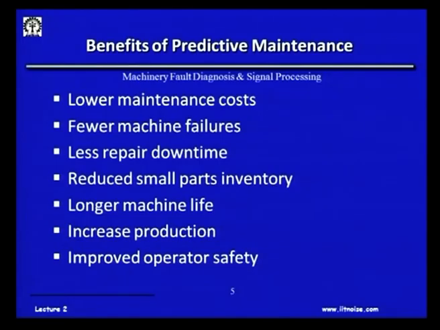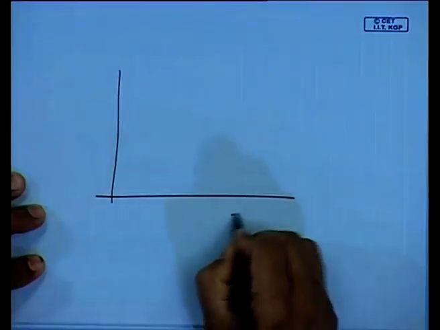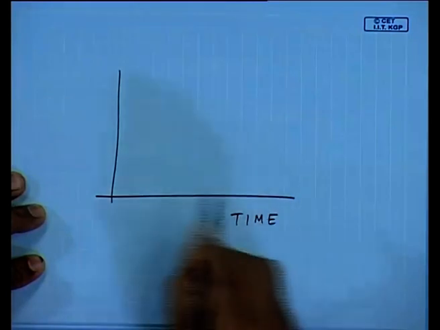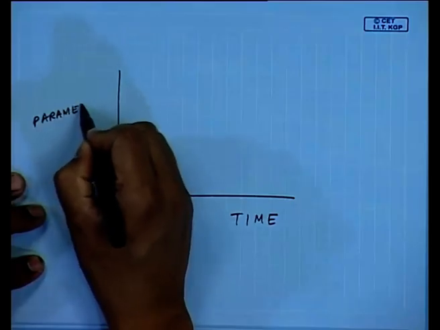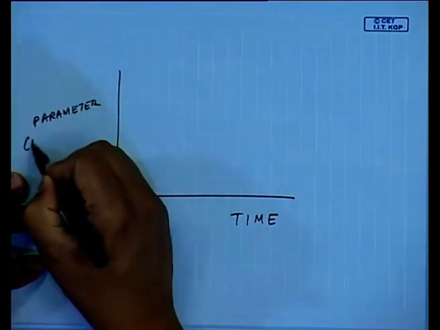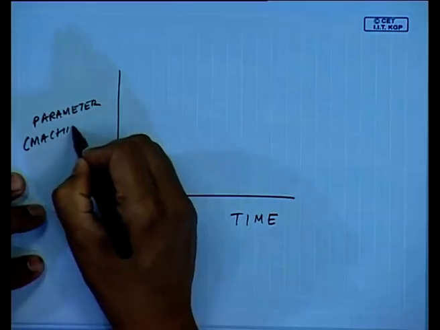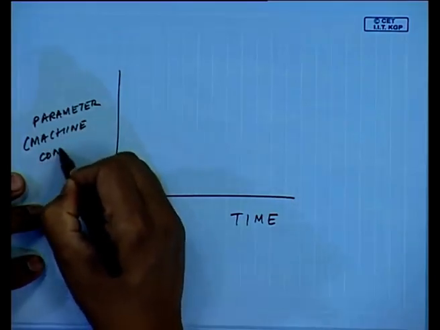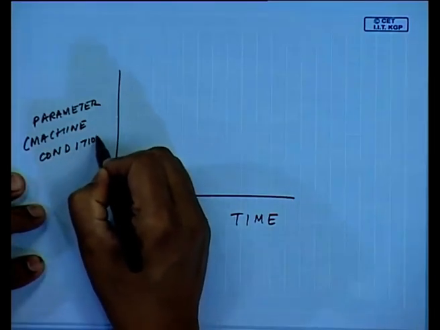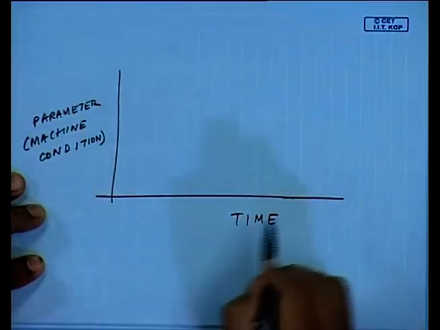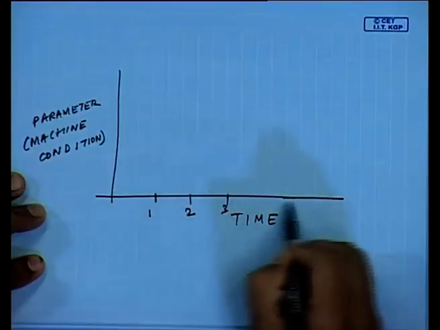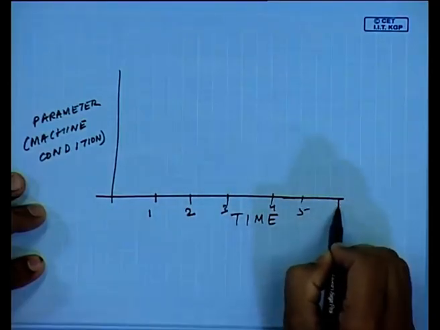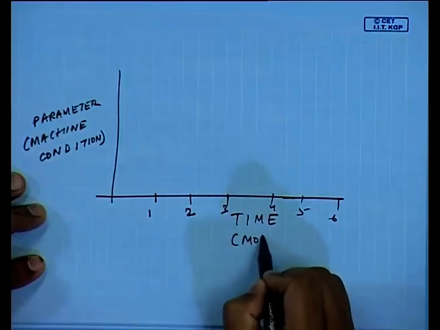I can always, for example, with time, say I have a parameter which tells the machine's condition. For example, with time, this could be in intervals of 1 month, 2 months, 3 months, etc. So, this is time in months.